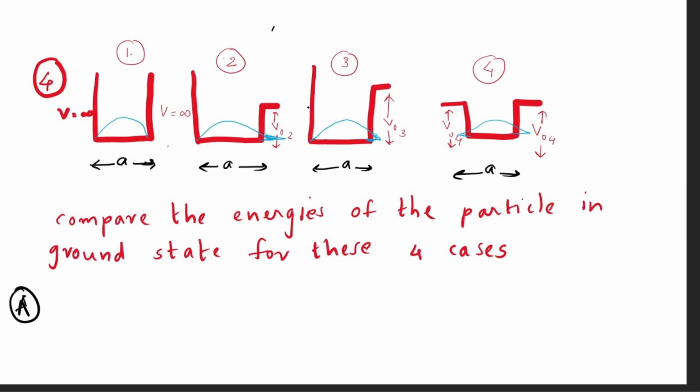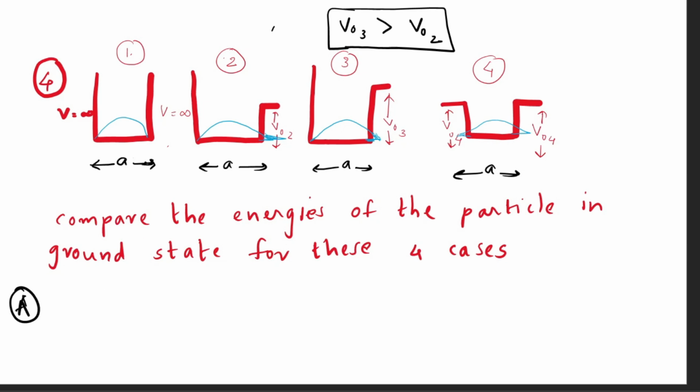And here also the left side is infinite potential, right side is a finite potential V03, such that V03 is greater than V02. Okay. And the fourth case is both sides we have a finite potential with equal finite potential V04. Okay. Now let us see the things.